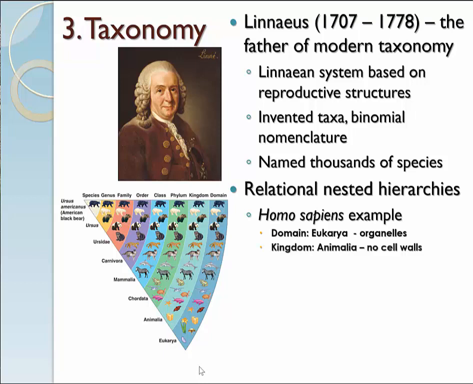And then within domains are kingdoms. And the kingdom in which Homo sapiens is placed is Animalia. Lots of animals. So look around you and you'll see lots of animals, and they're all in the kingdom Animalia. And one of the things that distinguishes animals from other kingdoms is no cell walls.